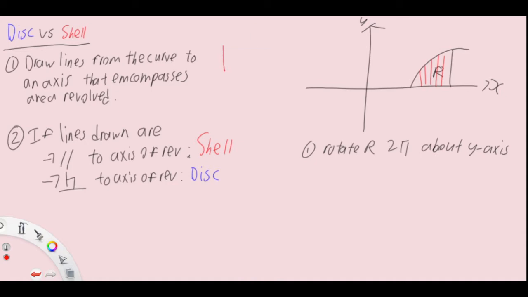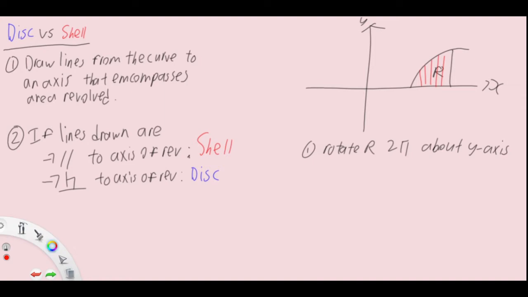We have a strip down here, so it'll be something like this. This is just one half, obviously there's a front part. See, there's this empty space down here. So this would be the shell method, because if you rotate, the volume goes in a whole loop around, but it doesn't cover the center. That's why if the lines drawn are parallel to the axis of revolution, it will be the shell method.